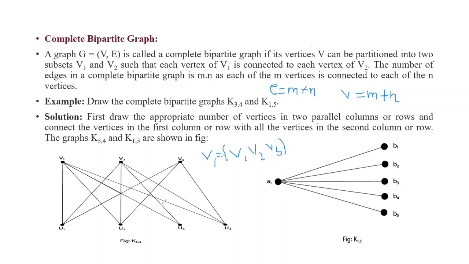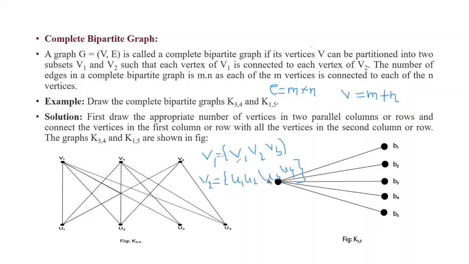The second subset V2 contains U1, U2, U3, and U4. See here, as per the definition, V can be partitioned into two subsets V1 and V2. Every vertex of V1, V2, V3 is connected to every vertex of V2.